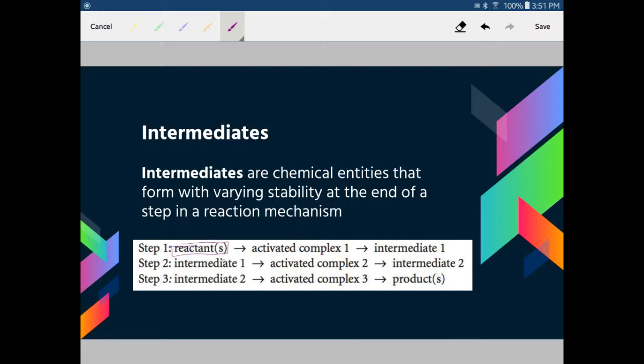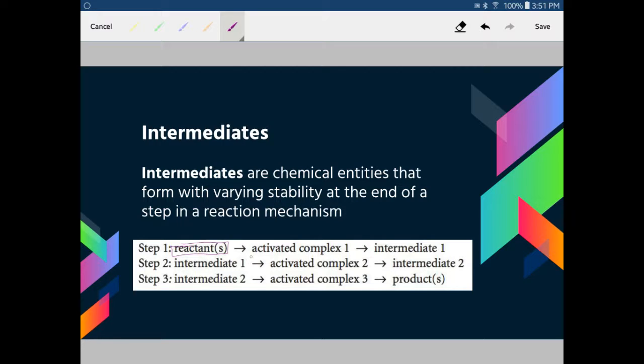Then intermediate 1 has an activated complex, again, probably 2 intermediates bump into each other, creating activated complex 2, providing us with intermediate 2. Now, intermediate 2, again, forms a new activated complex, and we have products formed.